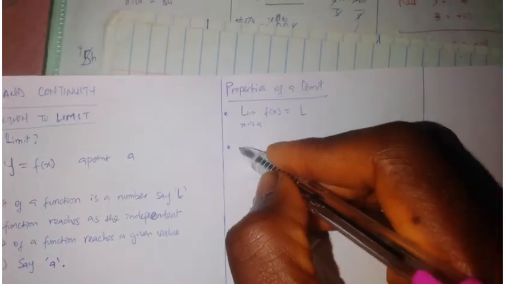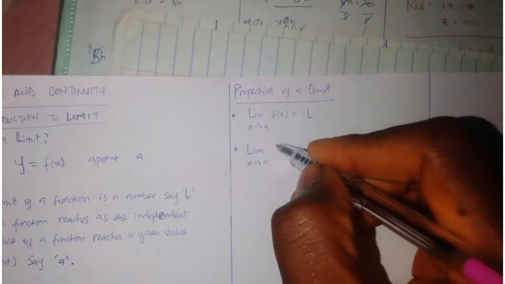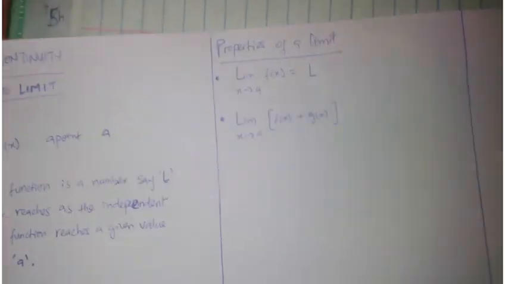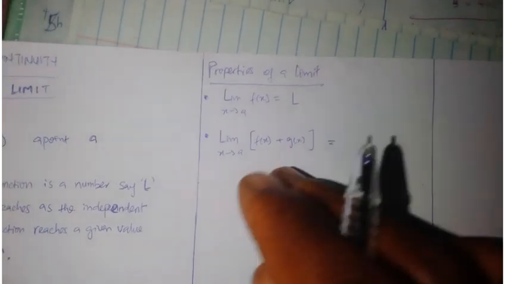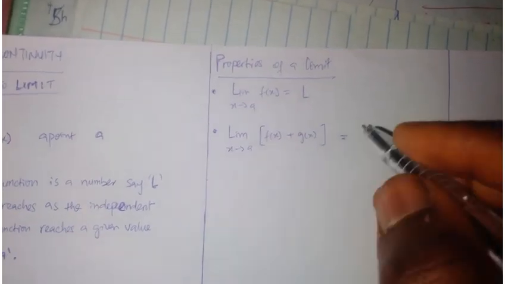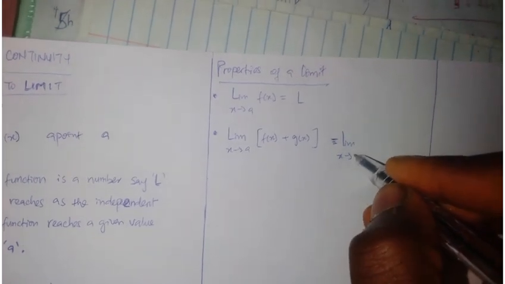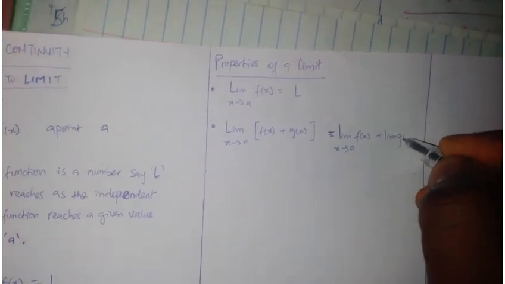So, now we have properties of limit. The first property of limit is the formula: the limit as x tends to a of f of x equals L. The second property is the limit as x tends to a of f of x plus g of x.